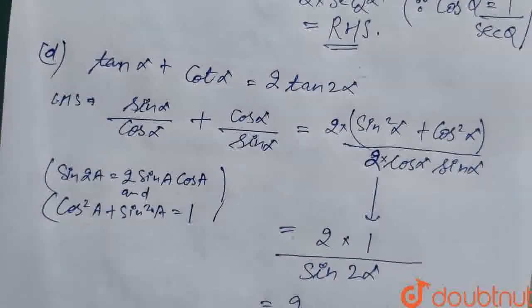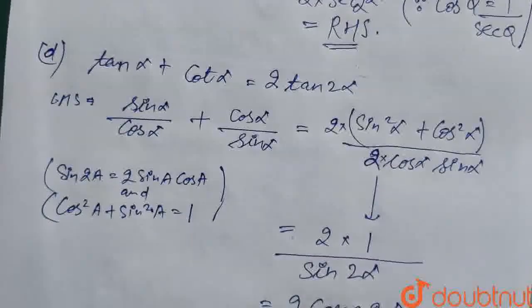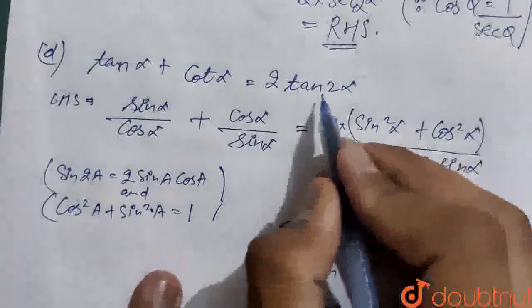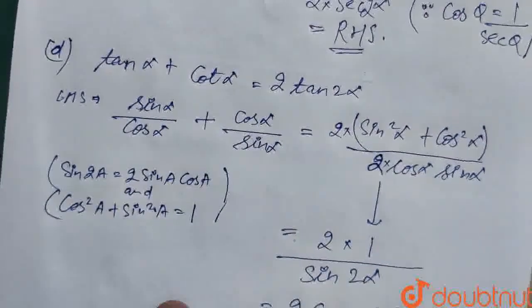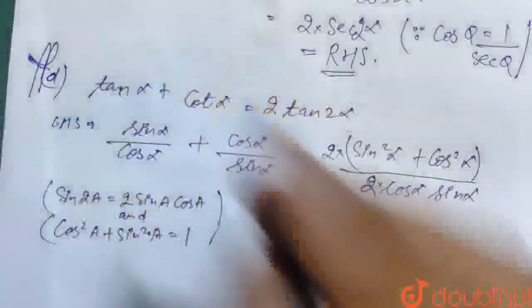This can be written as 2 cosecant 2 alpha, but in the right hand side we need to prove 2 tan 2 alpha, which is not equal to right hand side. Hence our option D is correct.